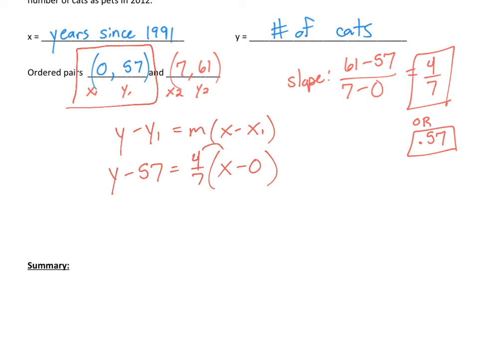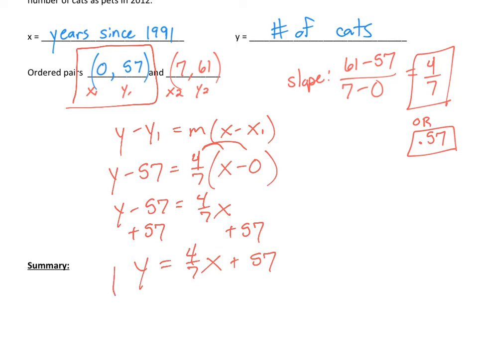We will do the distributive property. y minus 57 equals 4/7 x, and 4/7 times 0 is just 0, so I'm not even going to write that down. And then we add 57 to get y equals 4/7 x plus 57. So that's the equation that relates it.